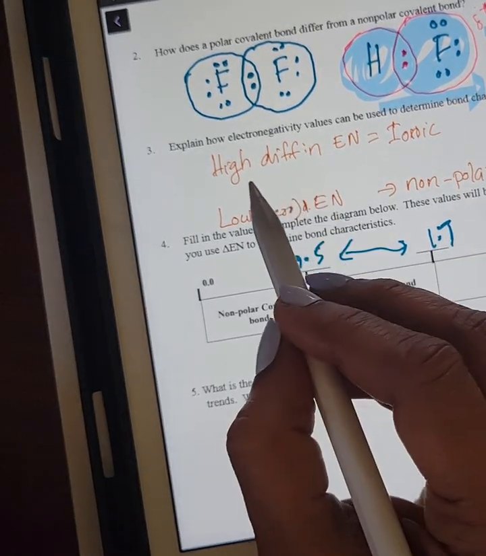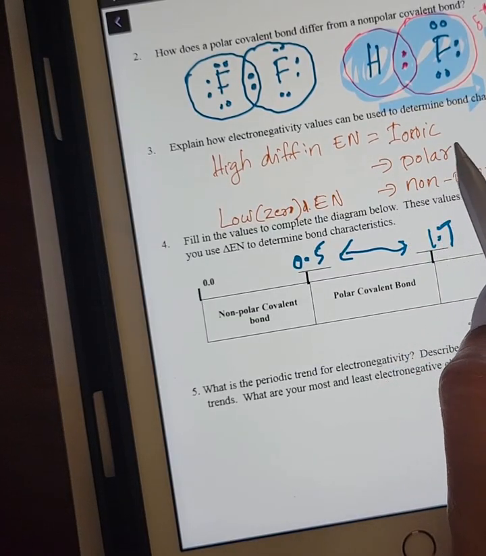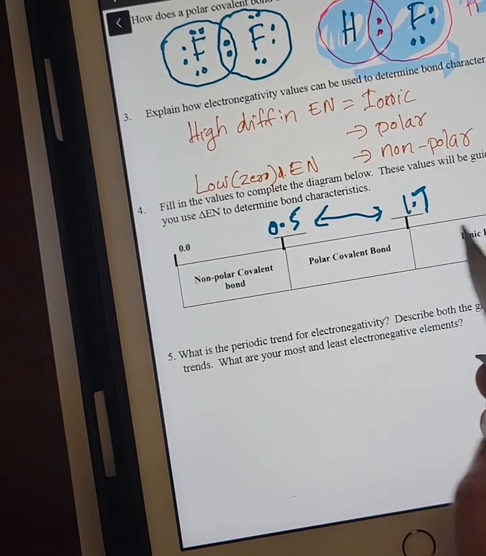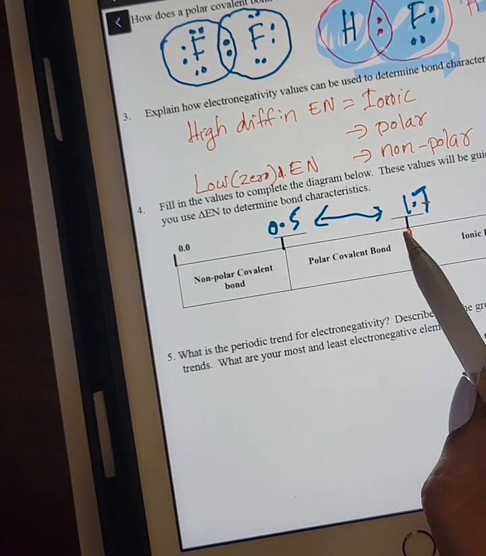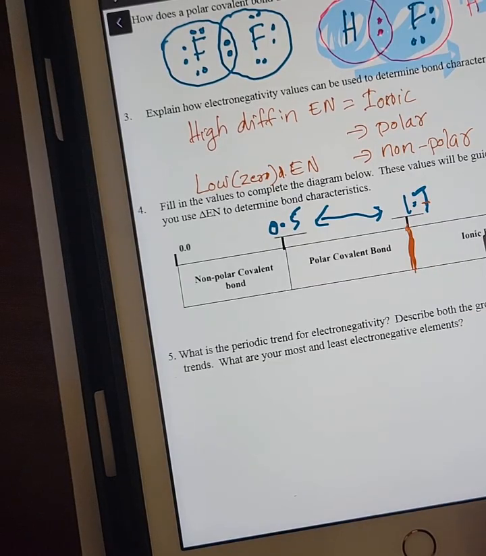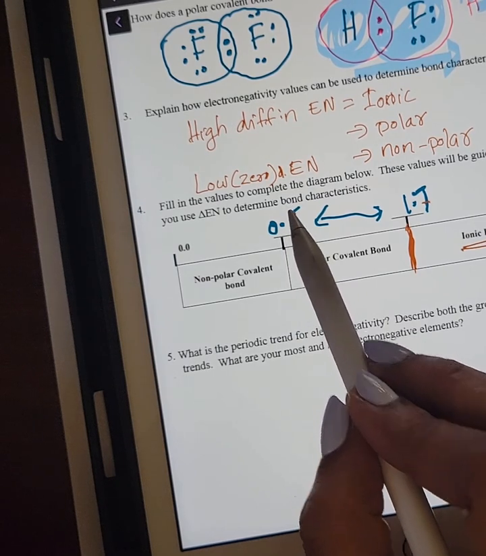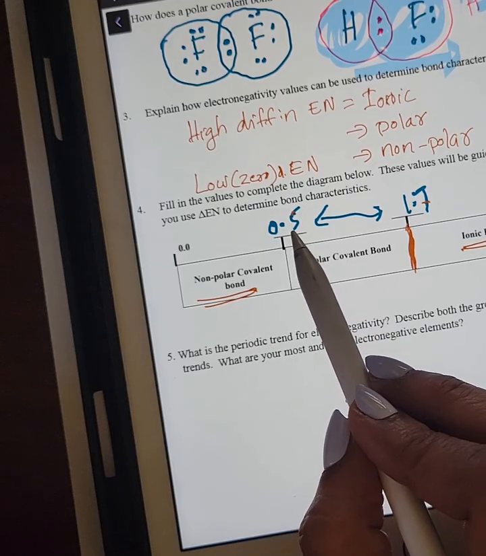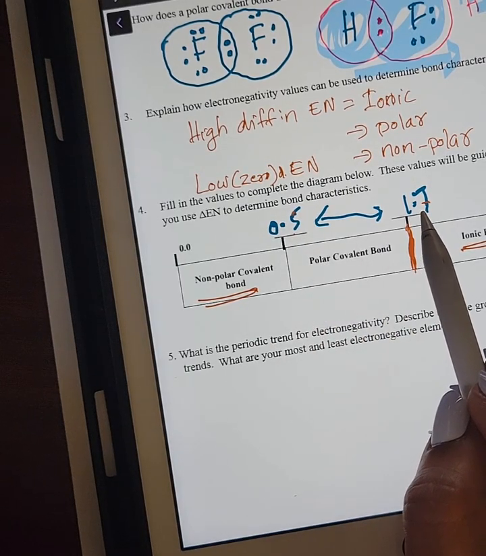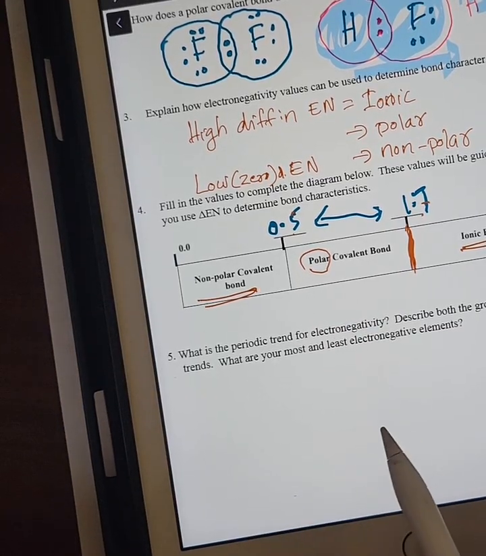But if it is between those, which will it be? Polar. So that's why we are giving the values here. If the electronegativity difference is 1.7 or above, the electron is completely transferred and it results in an ionic compound. If it is less than 0.5, they will be non-polar. But if it is 0.5 or above but less than 1.7, they will form a polar covalent bond.